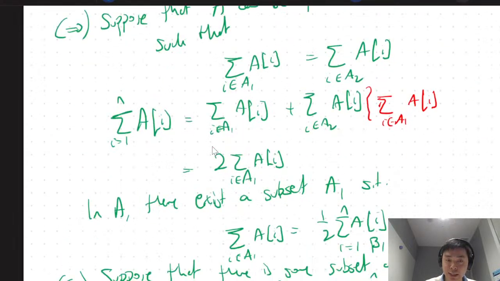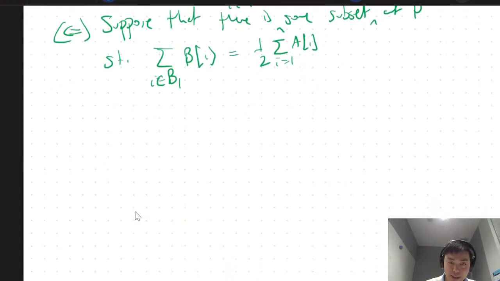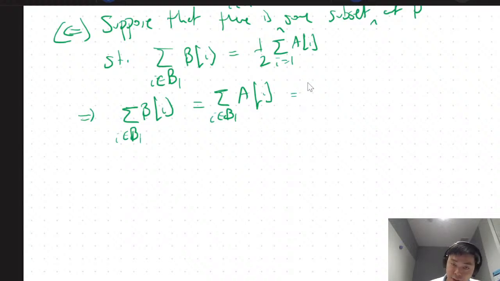Here we chose t to be this element here, and b is just a. So I can just replace b with a, and I know that this sums to a half times the total sum.